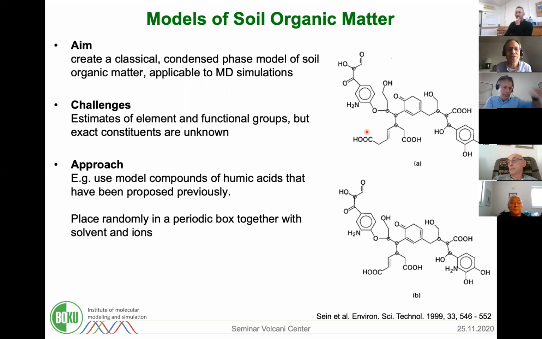But when we got into this, we said, well, our aim is rather not to try and design one molecule that is representative of this plethora of different molecules that we have in reality, this whole big number, but we should rather try to make representative models.